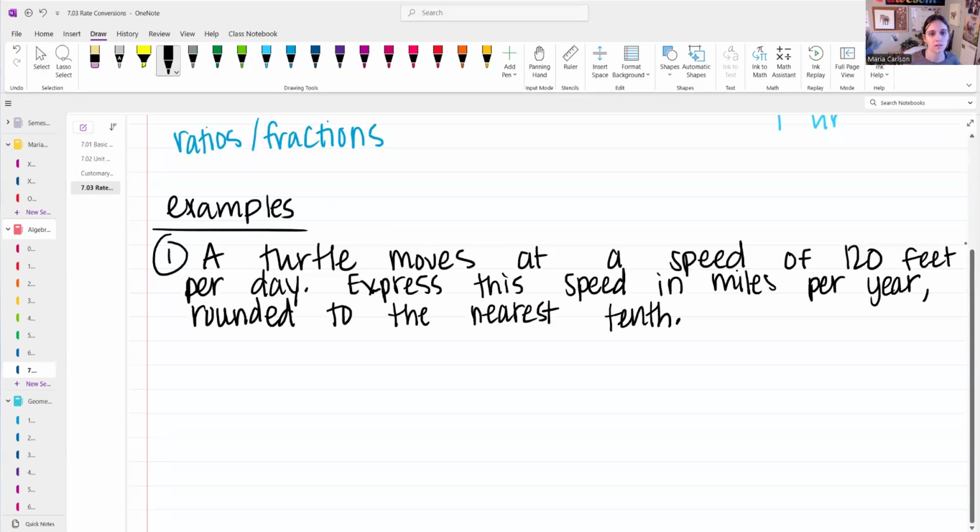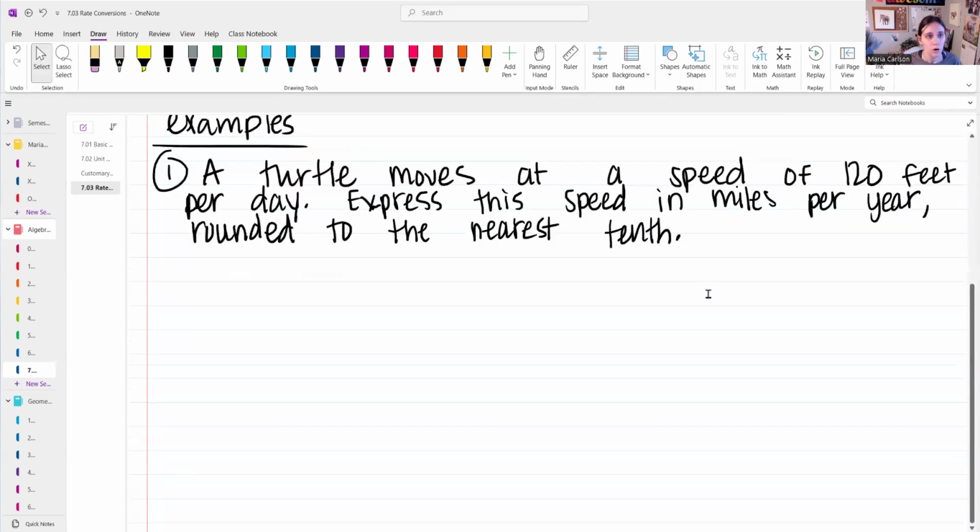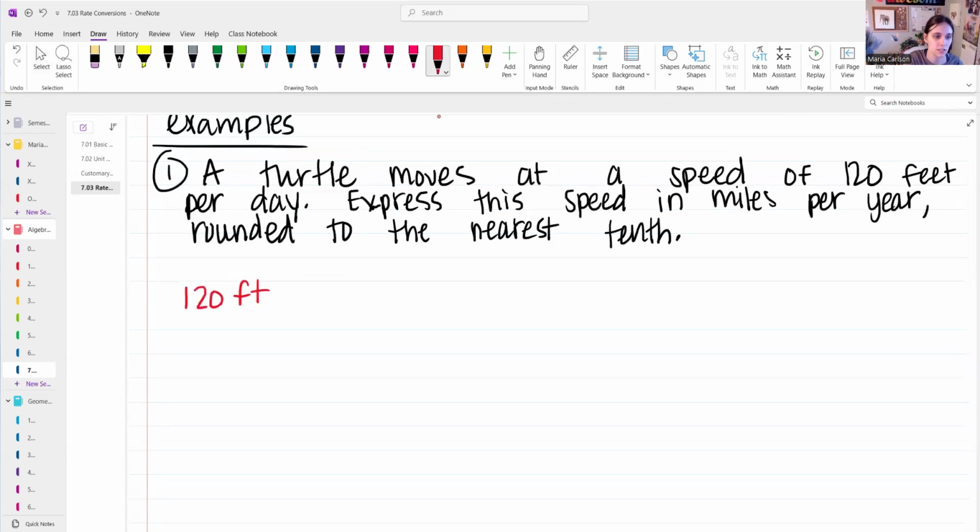Okay, so the current speed is 120 feet per 1 day. So our goal is to turn feet per day into miles per year. So I need to first convert feet to miles.